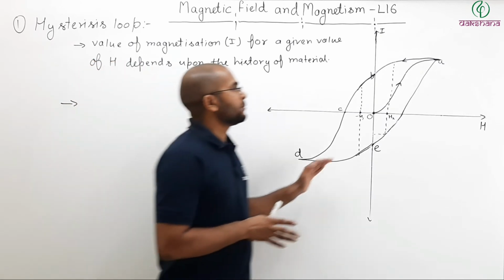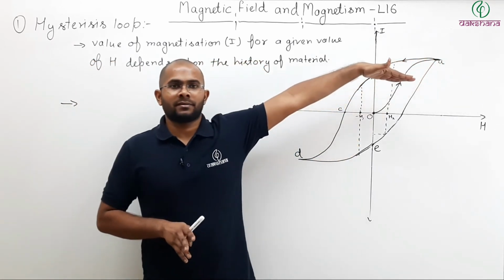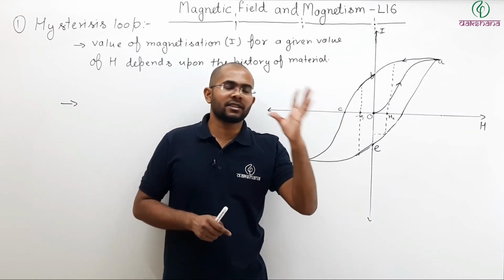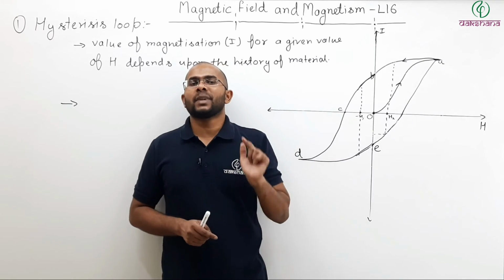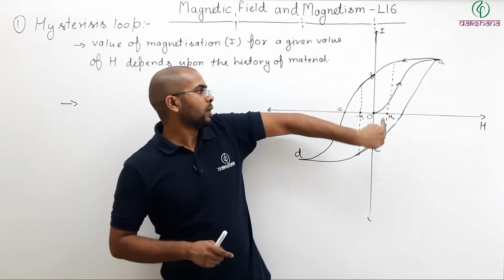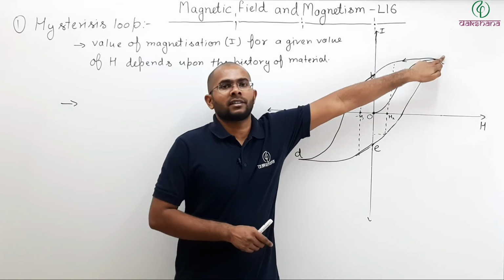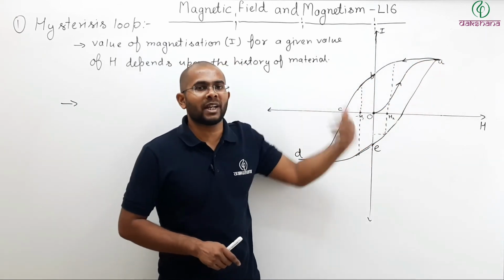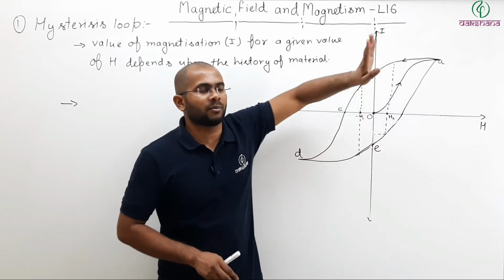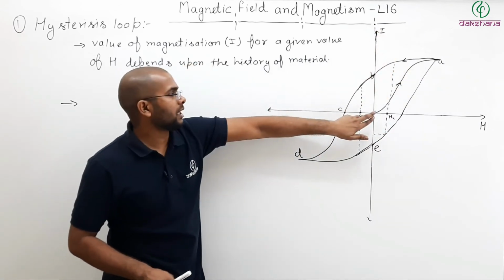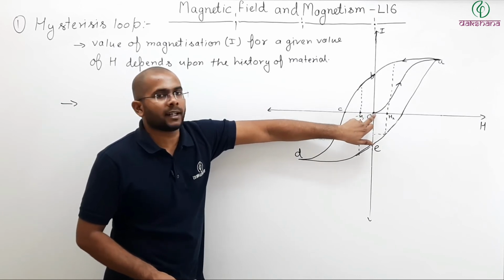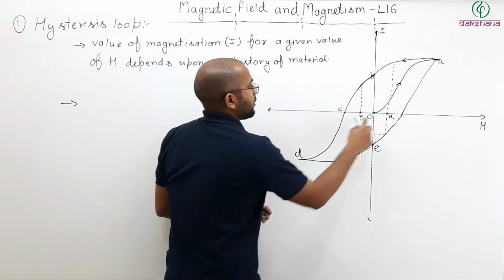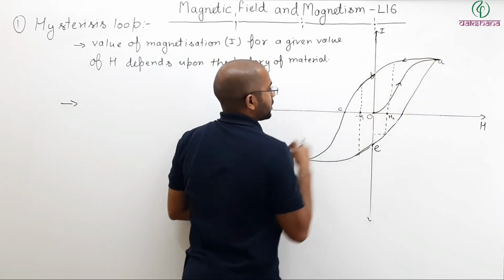Meaning, if I magnetize a material once, suppose that initially magnetization is 0 and magnetic intensity is 0. Once that material is magnetized, then you cannot bring back magnetization also 0, magnetic intensity also 0. That will not happen. You see in this entire graph, only here do magnetization and magnetic intensity both equal 0. That was the initial position. After that, we went from here to here, then back through this route.